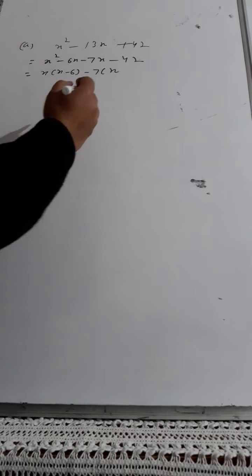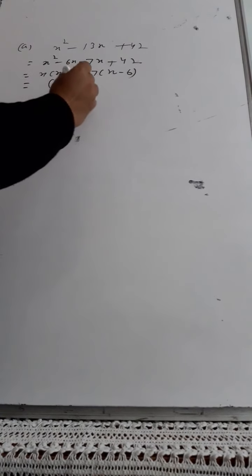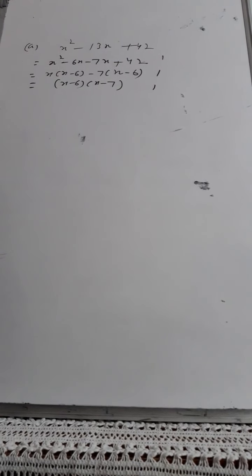Take x common: x into x minus 6, minus 7 common, then again x minus 6. So here it is x minus 6 into x minus 7. You can write 1 mark for each step, and that will take you to 3 marks. So the answer will be x minus 6 into x minus 7.